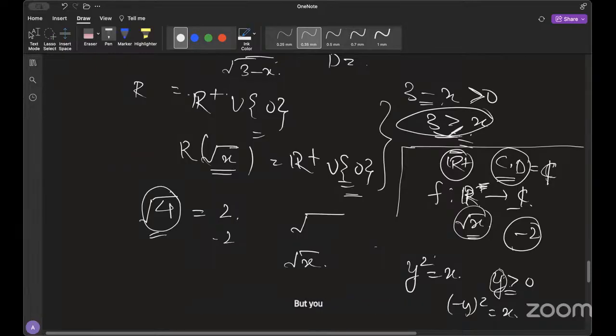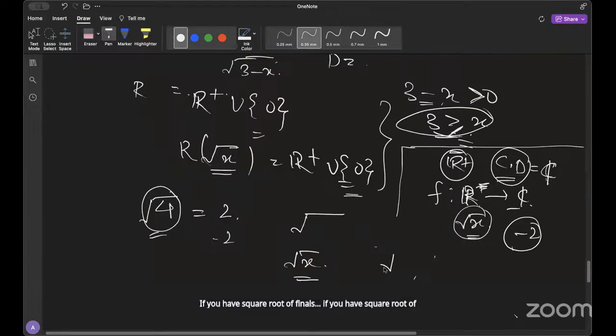But you'll only take the positive one here. That's how you define the square root function. Is it fine? Yes, ma'am. If you have the square root of 9, then it's only 3. It's not -3. That's how you define this function.